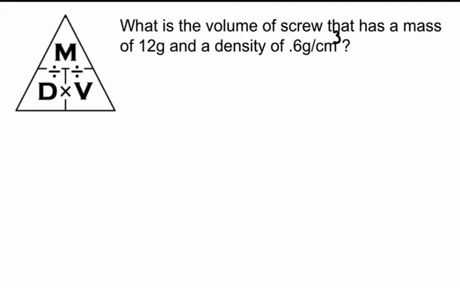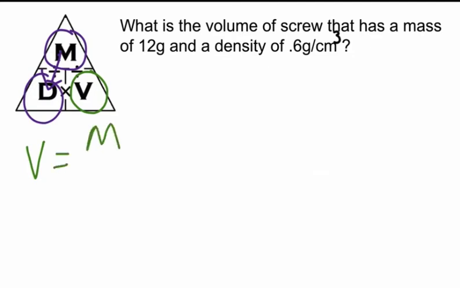I look at where volume is in the density triangle, and then where mass is and where density is. Mass is actually on top of density. So my formula for volume would be volume equals mass divided by density.